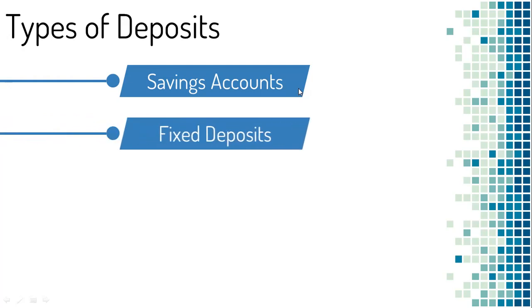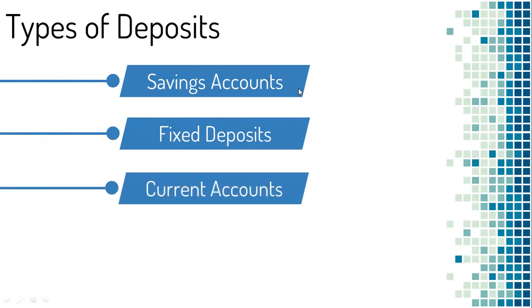So you better write these 3. Number 1, savings account. Number 2, fixed deposit. And the third one is current account. These are the 3 types of deposits that an individual or a business can open in a commercial bank.